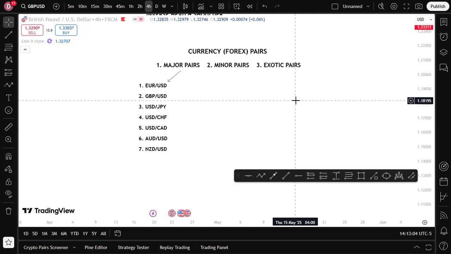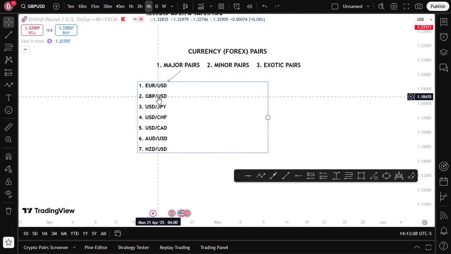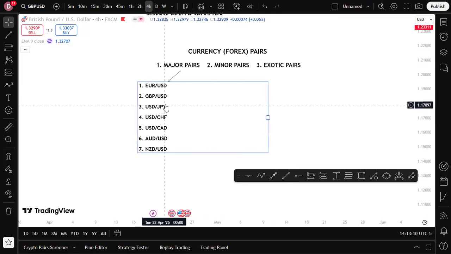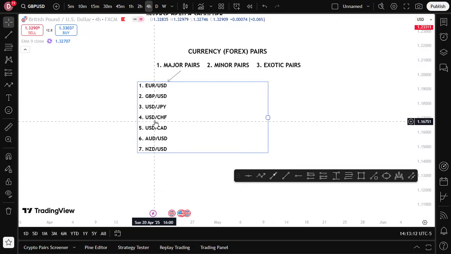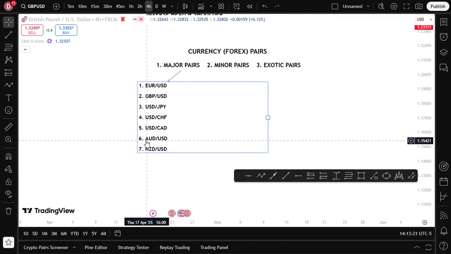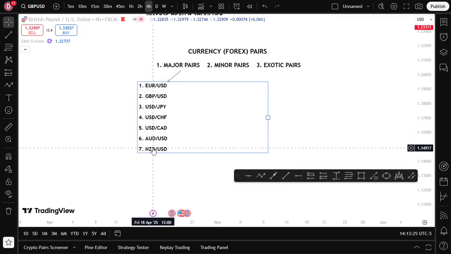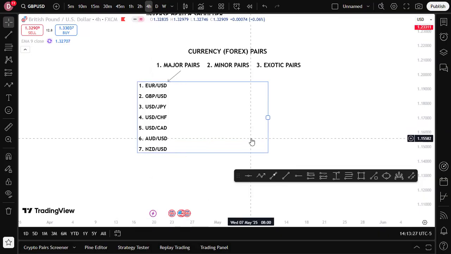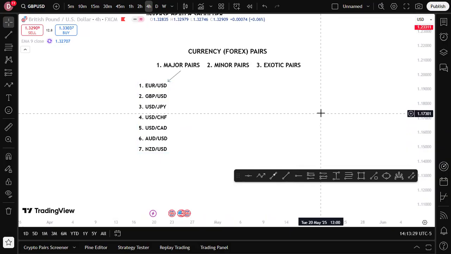We have the euro versus the US dollar, the British pound versus the US dollar, USD JPY, the Japanese yen, the US dollar versus the CHF, which is the Swiss franc. The fifth one, the US dollar versus the Canadian dollar. The sixth, the Australian dollar versus the US dollar. And the seventh, the New Zealand dollar versus the US dollar.